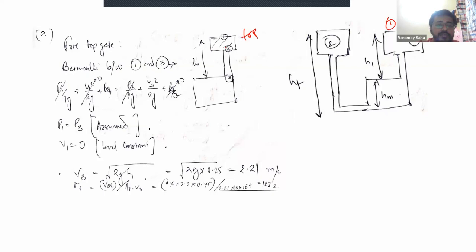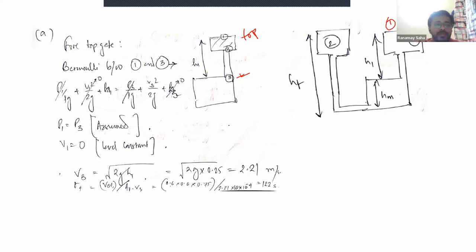You just consider P1 by rho g, the pressure head, the velocity head, and the height head, for point 1 and point 3 at the end of the basin, at the entry point of the gate. If you take this as the base, then H3 becomes 0, H1 remains. Then velocity V3 has to be found out, and pressure at 3 becomes 0, because this is exposed to atmospheric pressure, right?